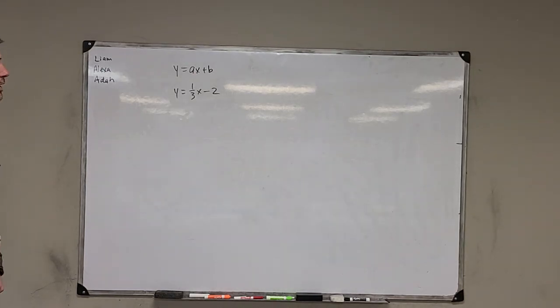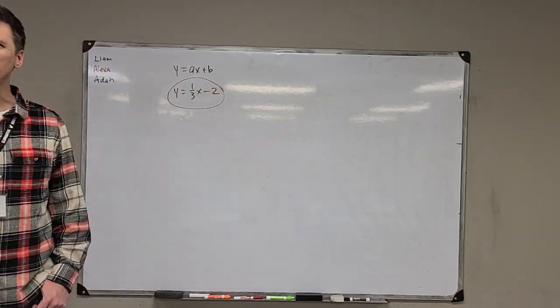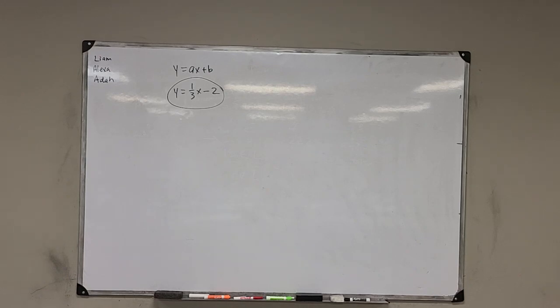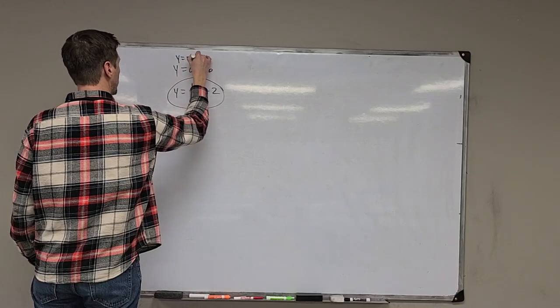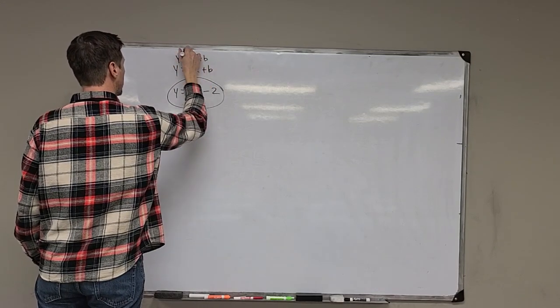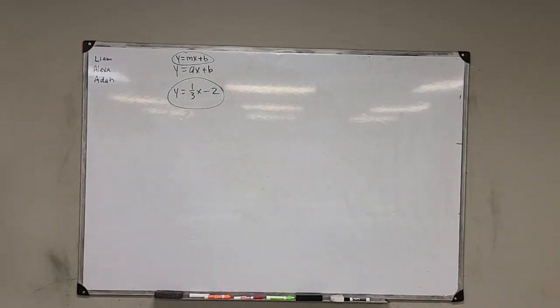And this form right here, we're going to learn about in the future. Does anybody know what that's called? Maybe you've learned it in a previous math class. The variables we actually use for this form are y equals mx plus b. Does anybody remember what it's called?